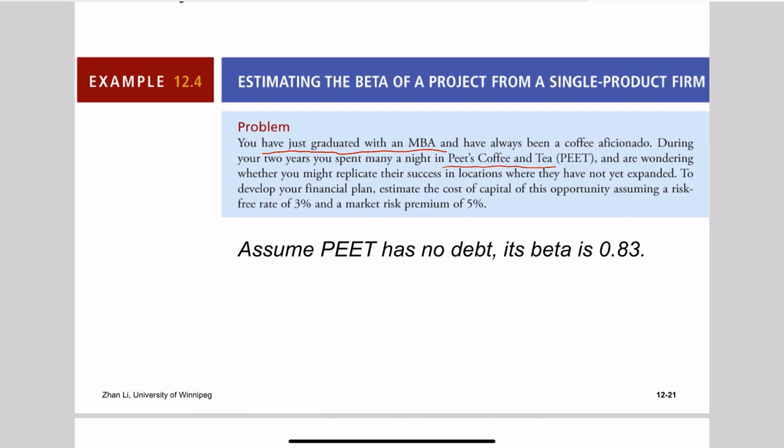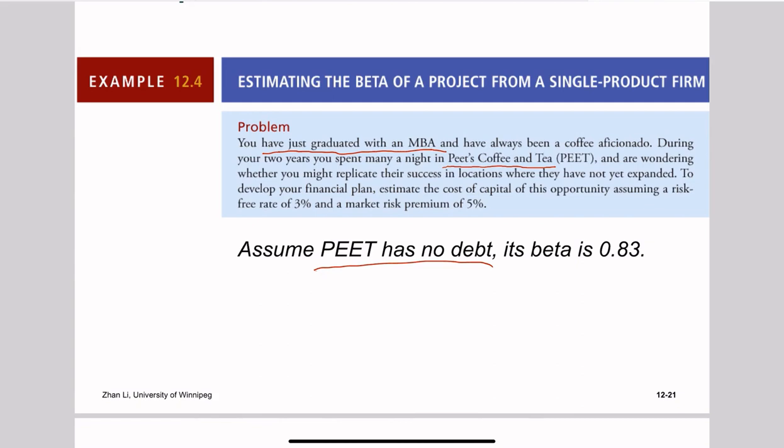So how do you find out this firm's cost of capital? Well, generally, when you're calculating the cost of capital, you have to consider both the cost of equity and cost of debt. But luckily, we assume this firm has no debt. If the firm has no debt, then the firm's cost of capital equals the firm's cost of equity, right? So basically, you could just directly use CAPM to compute the cost of equity, right?